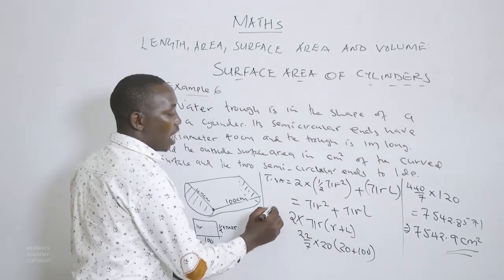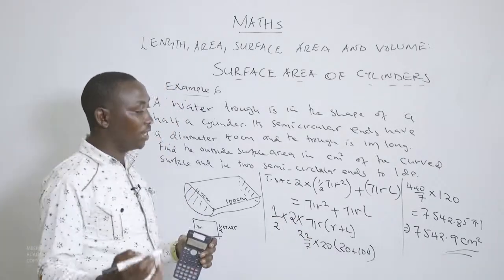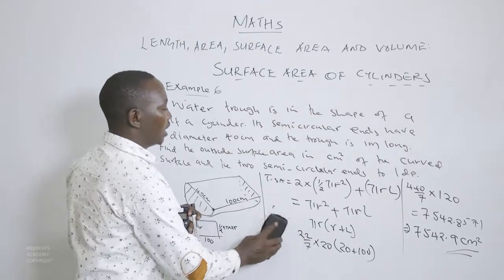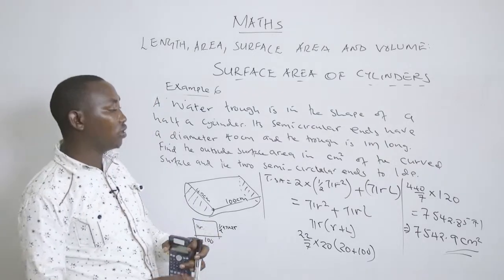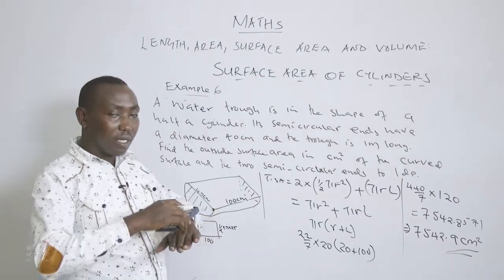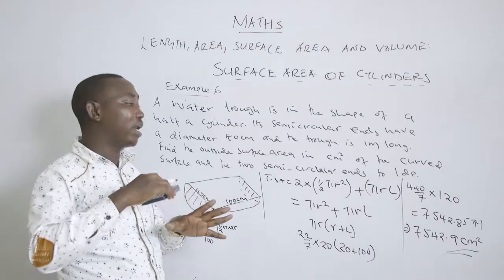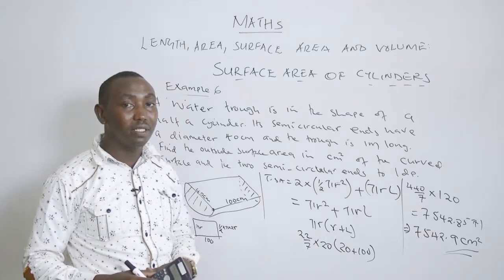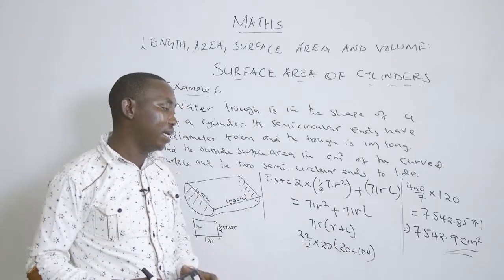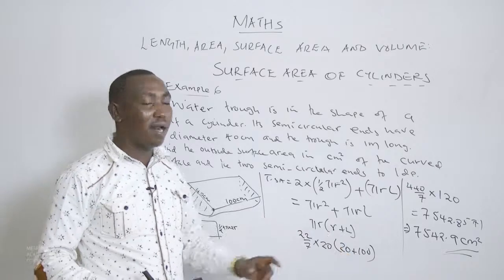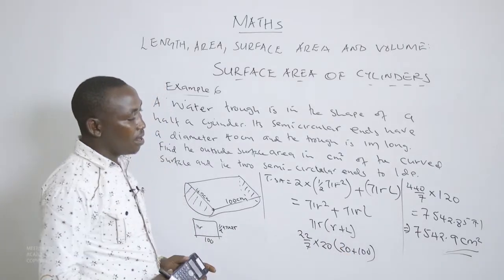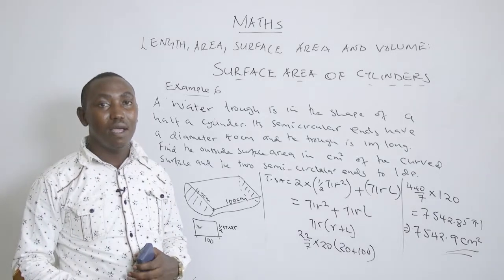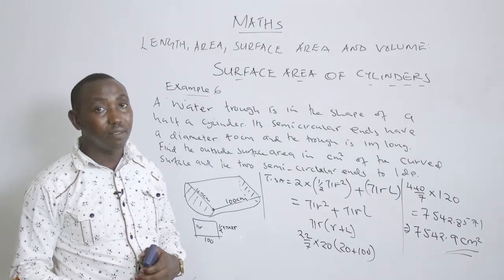But because we are talking of half of the cylinder, the 2 cancels off, so that to get the total surface area minus that flat rectangular surface, it is pi r into r plus L, where r is the radius and L is the length, or sometimes the height, of that particular circular part.